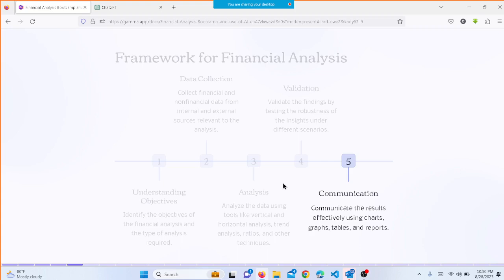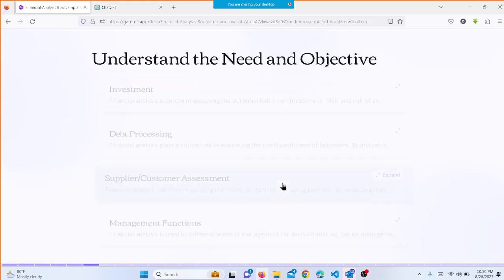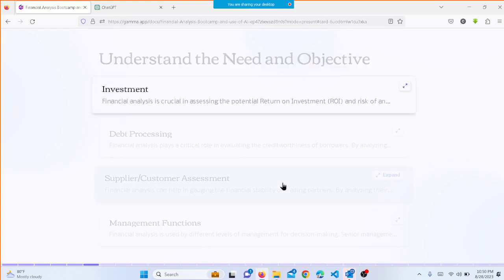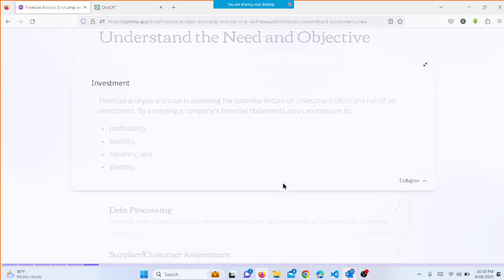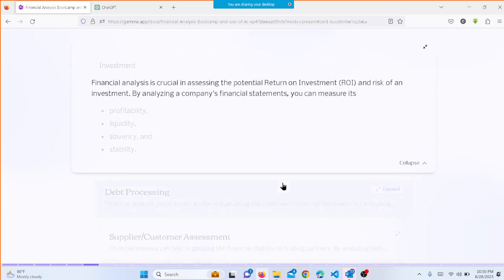So let's move on and look at these frameworks in more detail. The first step was to understand the need and objective of the analysis. There are a few needs, for example, investment. Investors may want to analyze the financial statements to make crucial investment decisions, and usually they are made based on the return on investment and the risk of an investment.